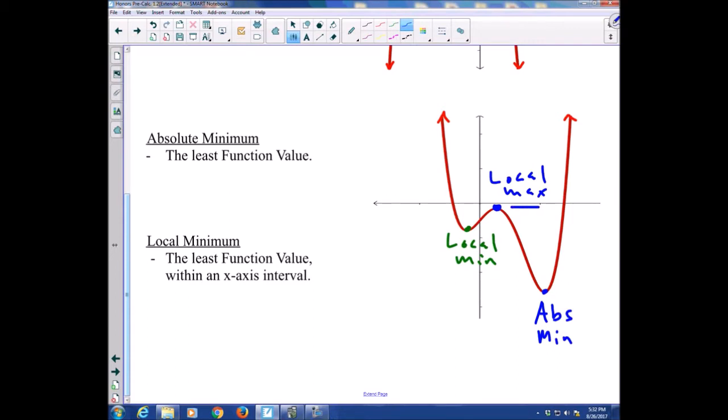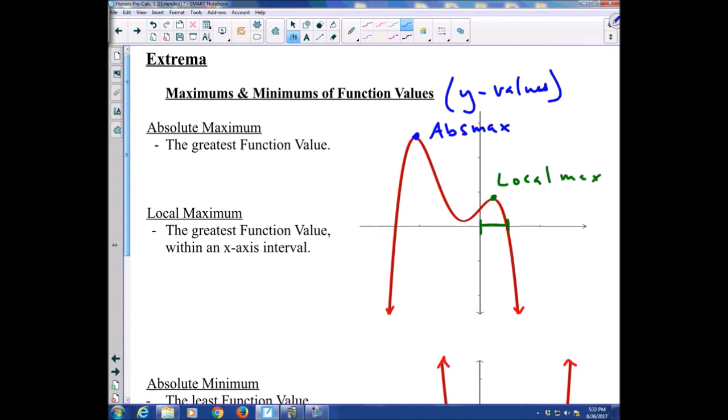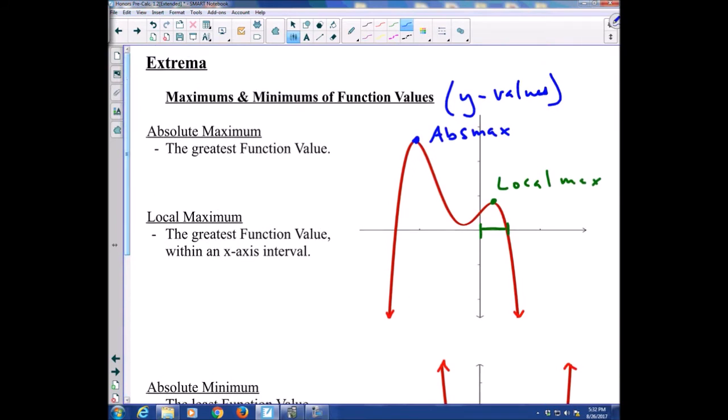So even though this is the only max that I'm seeing, because function values go up to positive infinity, you couldn't say that there's an absolute max. Similarly, with our first graph, between our two maxes, we have a local min, but it couldn't be the absolute min because it's not the least function value we get, because function values go down to negative infinity.